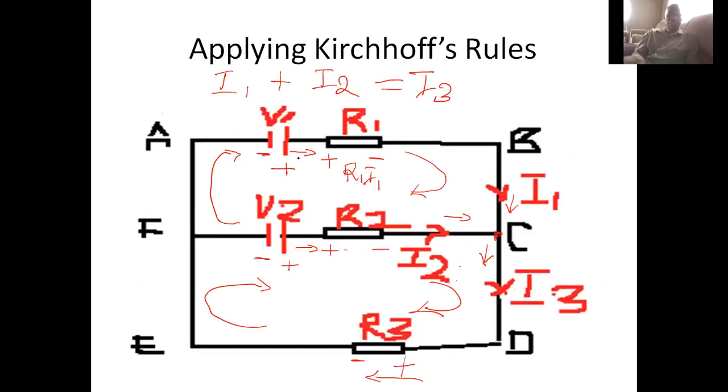What it means is that, for example, let's consider loop 1. Remember, we said loop number 1 is A, B, C, F.